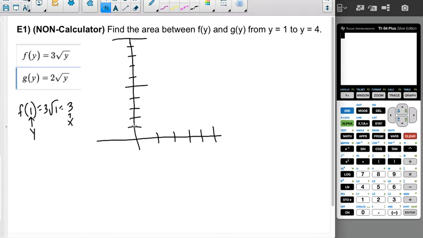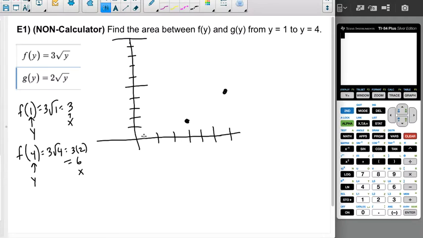If I wanted f of 4, because that's the other endpoint, I would plug in 3 root 4. I'd get 3 times 2, so I'd get 6. But remember, we're plugging in y values in these functions and getting x values out. So when I plug in y is 4, I get an x value of 6. So 4 and 6.